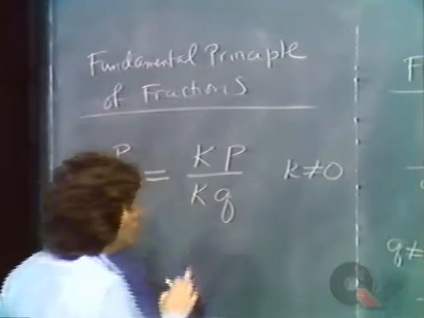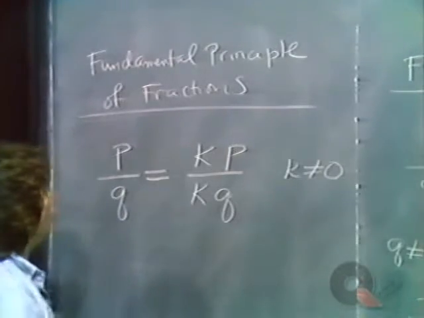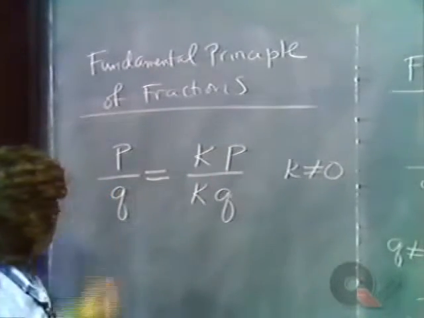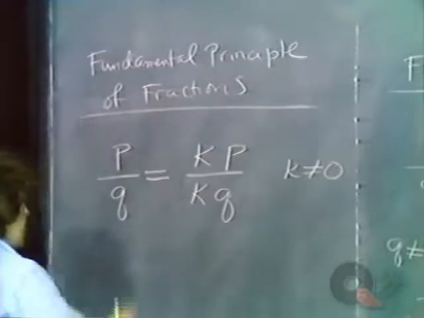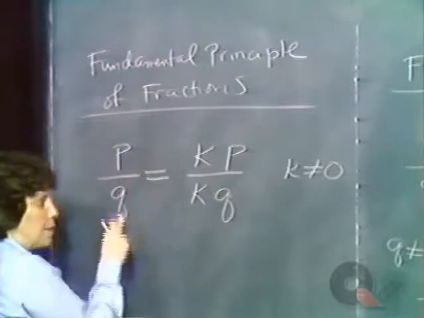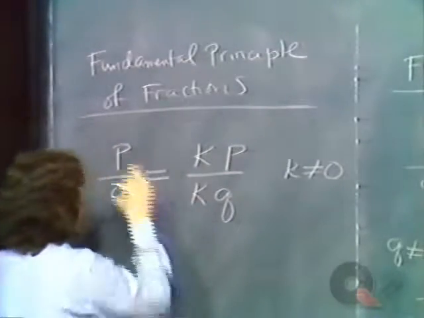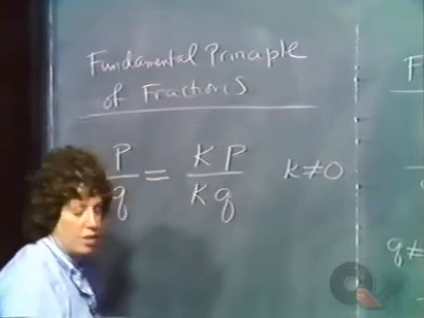We automatically assume that Q is not 0. We never speak of a fraction where the denominator is 0. What I'm saying here basically is that if you multiply the top and the bottom of a fraction by the same non-zero number, in this case K, you will get an equivalent fraction.